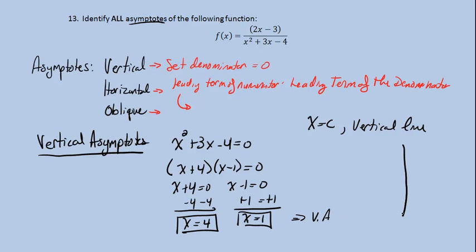So if we were to graph just these vertical asymptotes, we know at 1 we would have a vertical asymptote, which is a dotted line that the graph cannot pass. And then over here at 4, we would have another vertical line.